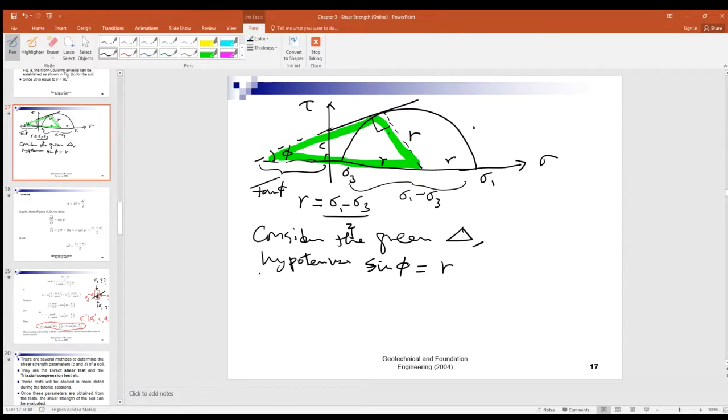So what is the length of the hypotenuse? C over tangent phi plus sigma 3 plus R, right?